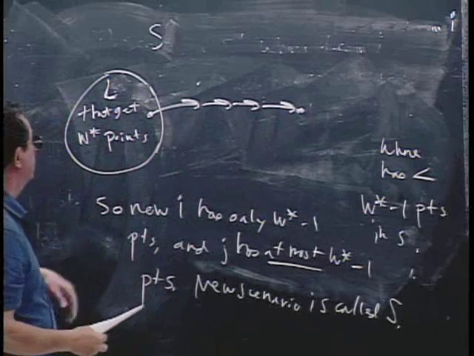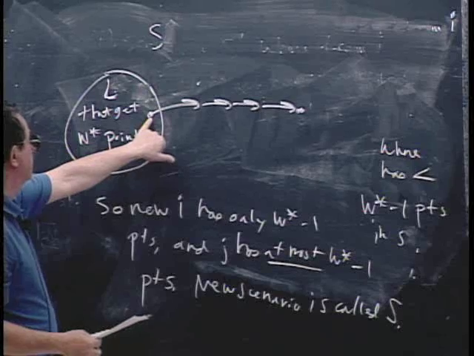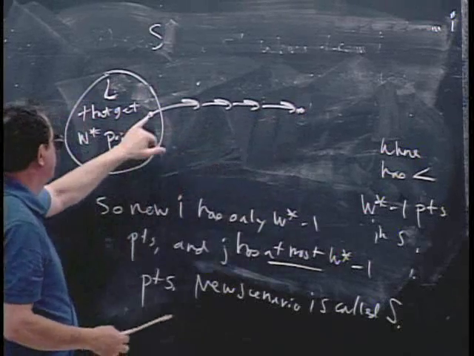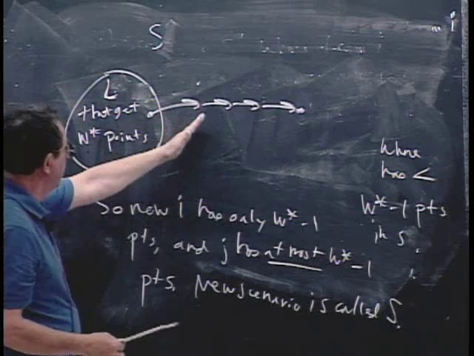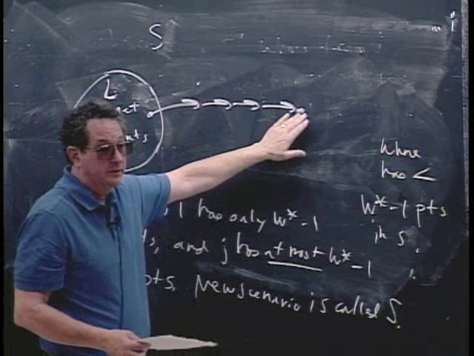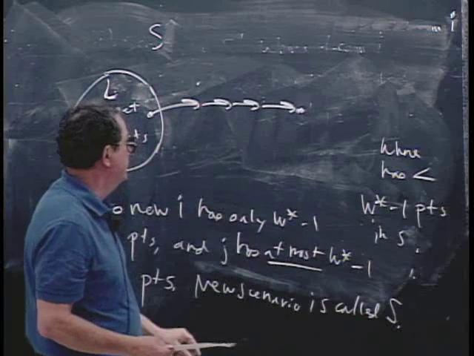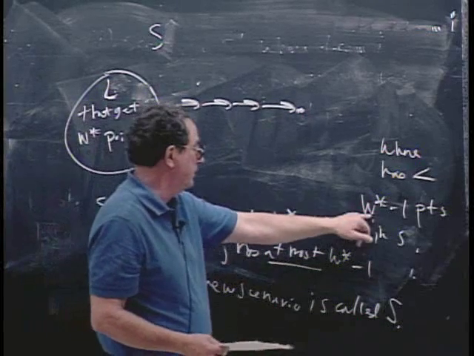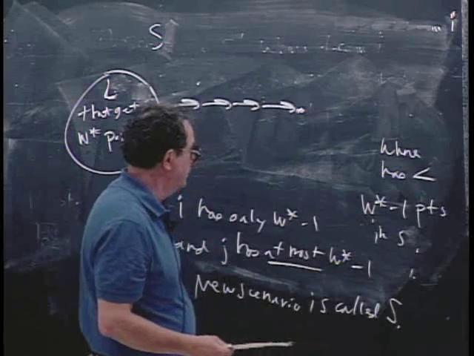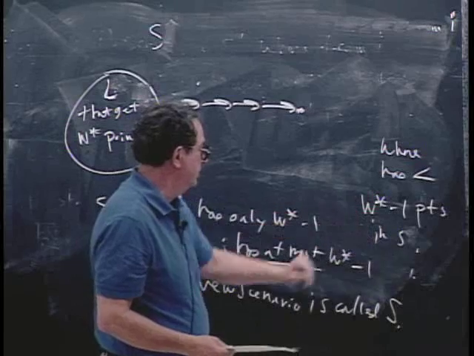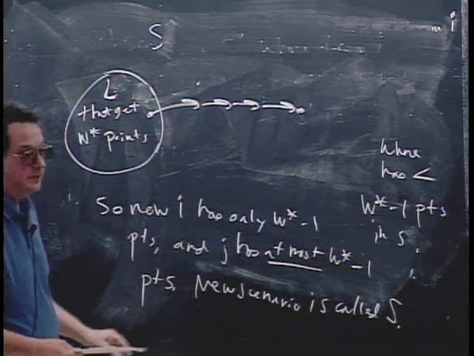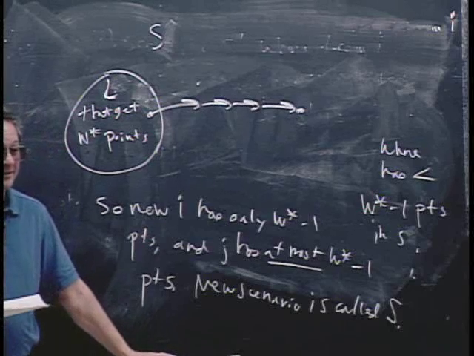And the consequence of that reversal is that this team will end up with 1 fewer points. This team will end up with 1 more point. But so this team goes out of L, and this team doesn't go into L because it had less than W star minus 1, so it doesn't get up to W star. Okay, is that clear what the algorithm is?